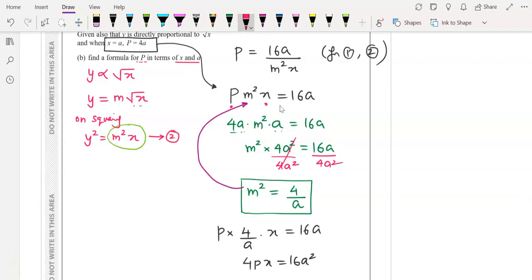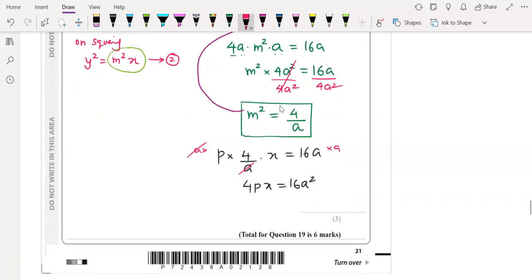So the a on both sides gets cancelled. Now I want p all alone, so I don't need 4x. So divide both sides by 4x. So here 4 and x will get cancelled. You simplify the right hand side, so we get your final answer.